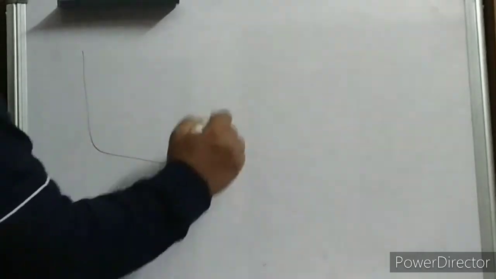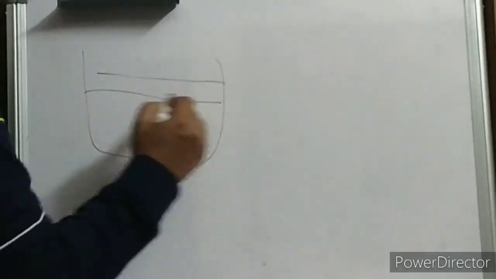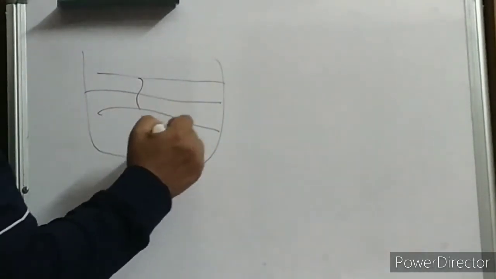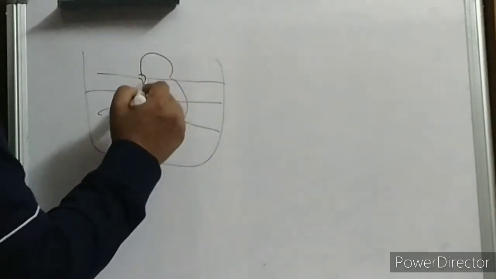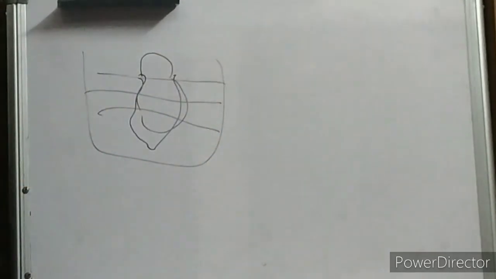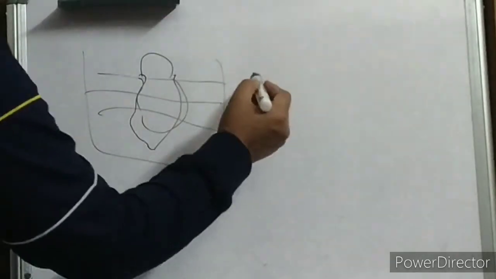Let me tell you. We have seen the density of ice is less than the density of water. If people have seen in geography, in water there will be icebergs. Okay, huge icebergs will be there. Clear, children? And ice is having relative density of what? Let me first write.